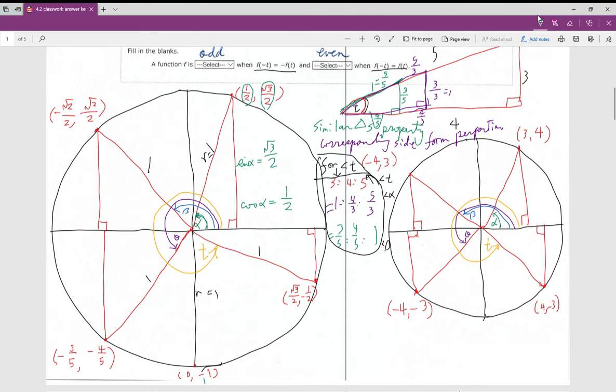Now the problem is if I change to angle beta. Which one is angle beta? Here, angle beta, right? This angle beta. How do you build a triangle for this angle? Actually it is this one.